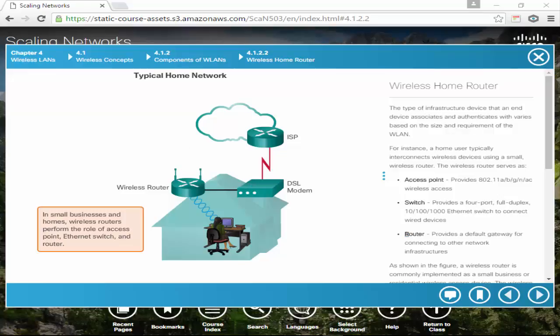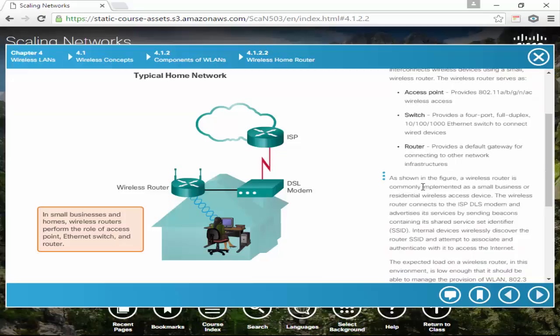How do we know it's routing between networks? Because we're going to this DSL modem, and it's probably doing network address translation and giving us a default route out here so we can get to the internet and all that fun stuff. But that's for a different section. Anyways, so that's what's built in.